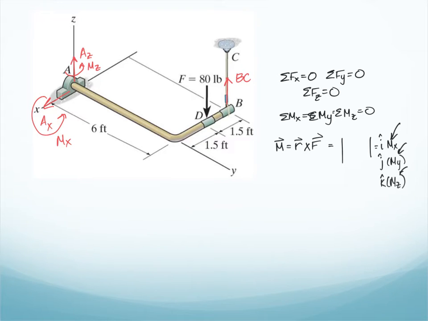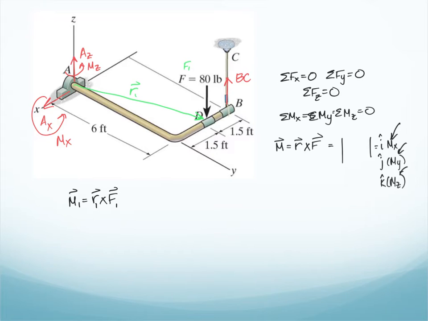So for instance, I want to use a different color just to make it a little more obvious. If we call this F1, we might want to draw a radius vector from point A to that. And so we would have M1 would be R cross F1, and I really should number that and call that R1.